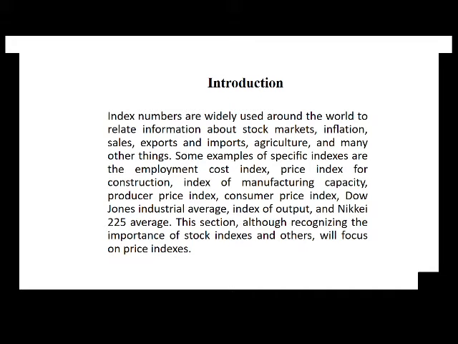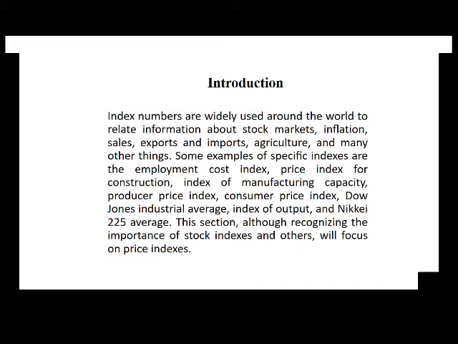Next is introduction to index number. Index numbers are widely used around the world to relate information about stock markets, inflation, sales, exports and imports, agriculture and many other things.